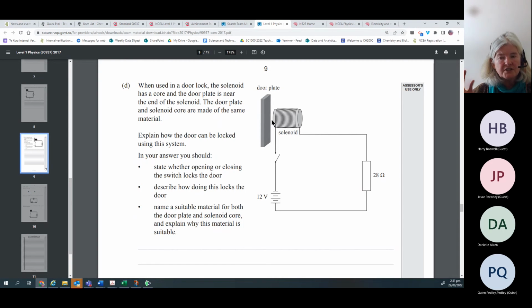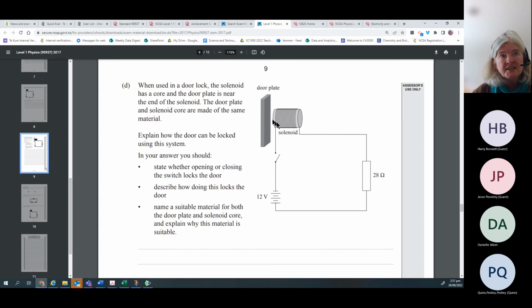So you want something that goes quickly on and quickly off, because if it doesn't lose its magnetism quickly, when you flick the switch to switch off the current, you're not going to be able to open the door because the magnet's still going to hold. So it's really important that you stress it has to be soft iron.